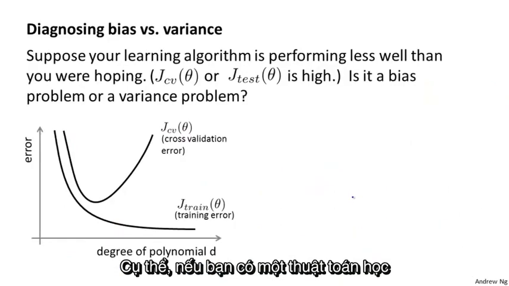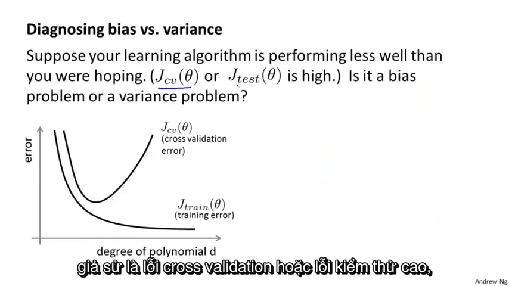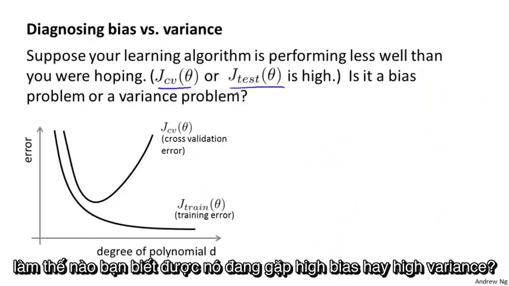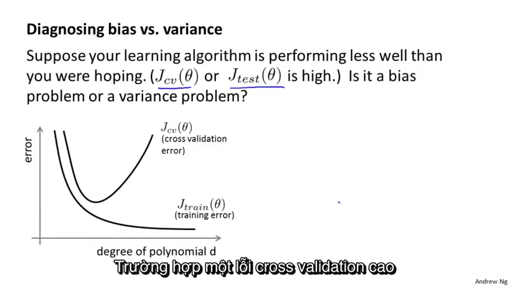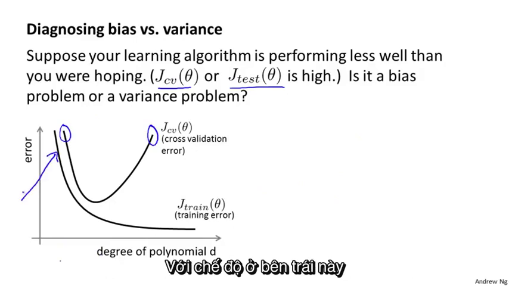Concretely, suppose you've applied a learning algorithm and it's not performing as well as you were hoping. So if your cross-validation set error or your test set error is high, how can we figure out if the learning algorithm is suffering from high bias or if it's suffering from high variance? So the setting of the cross-validation error being high corresponds to either this regime or this regime. So this regime on the left corresponds to a high bias problem.